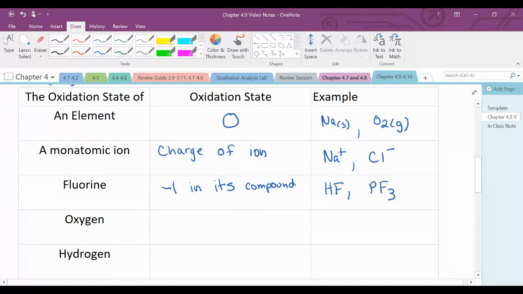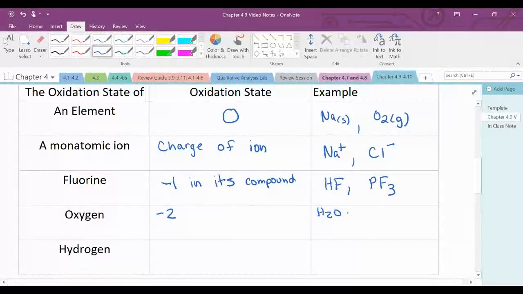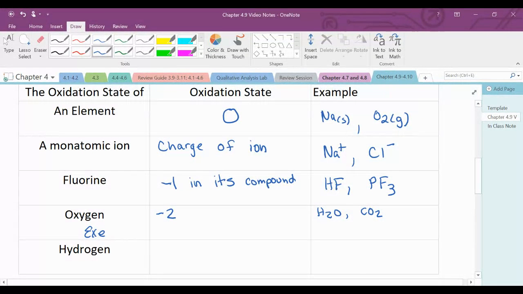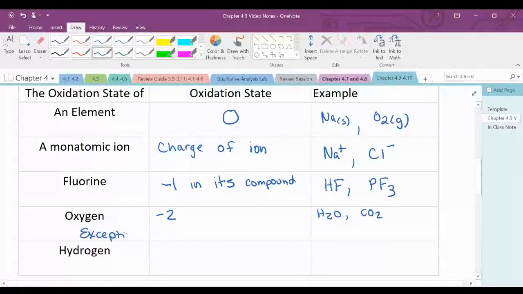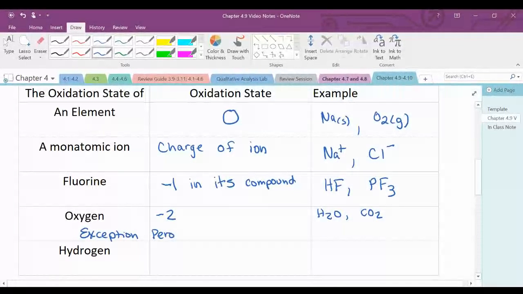For the oxidation state of oxygen, it's a -2. So if you had water, you would assign oxygen a -2. If you have carbon dioxide, each oxygen would be a -2. Now there is an exception to this, and that exception is peroxides.